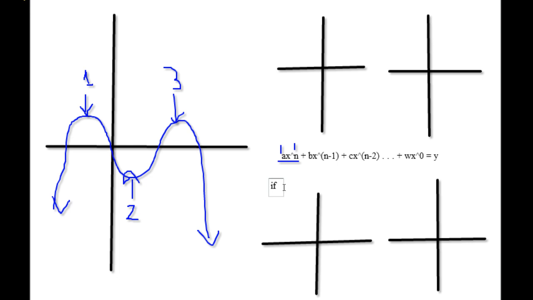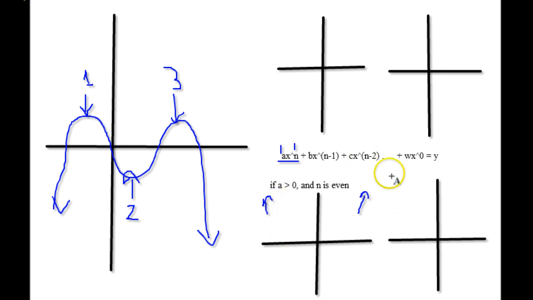If a is positive, a is greater than 0, and n is even, then your end behavior is going to look like this. It's going to be going up to the right and up to the left. I don't know what's happening in the middle. You need to work with some other stuff, and I'll show you that later.